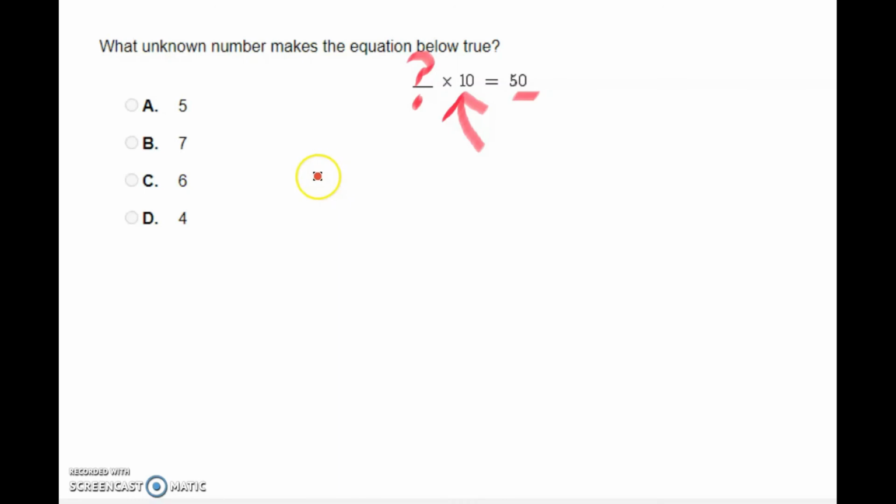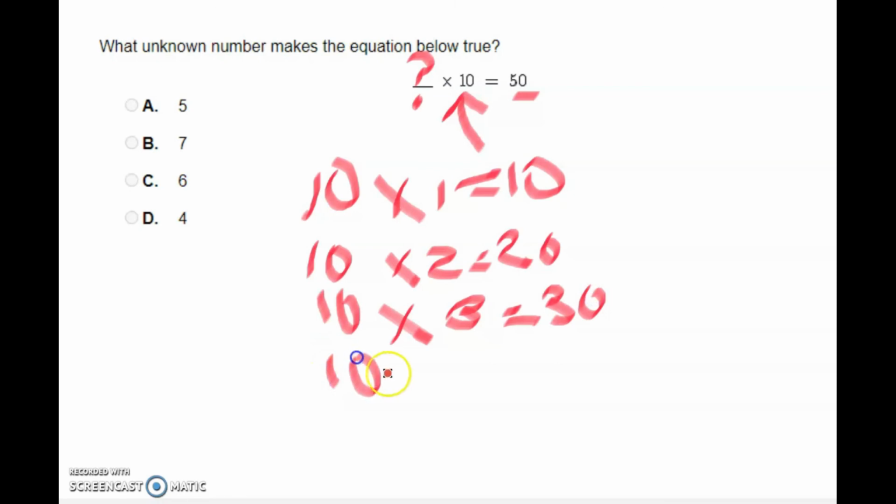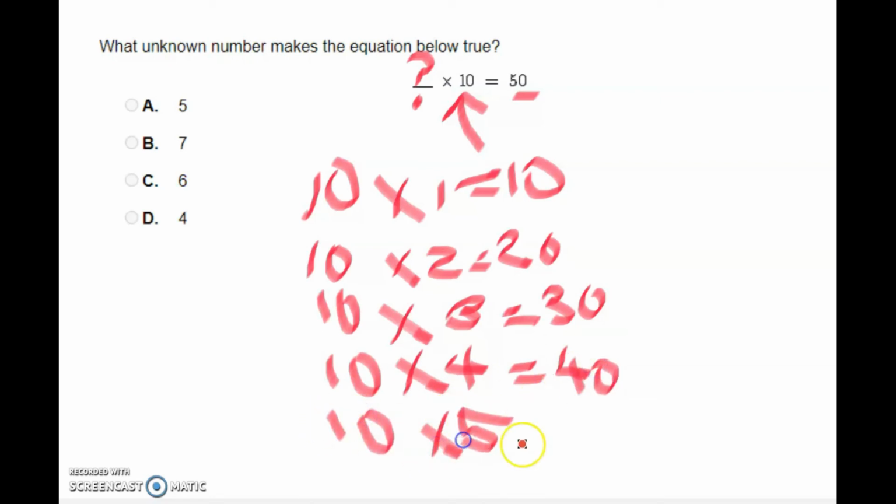Let's write down our times table. 10 times 1 is 10. 10 times 2, 20. 10 times 3, 30. 10 times 4, 40. 10 times 5, 50.